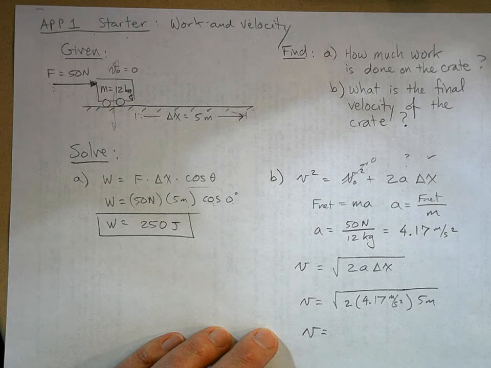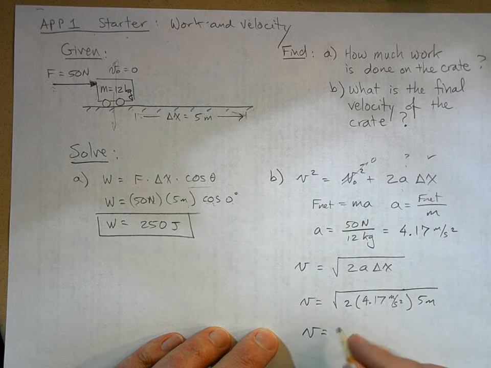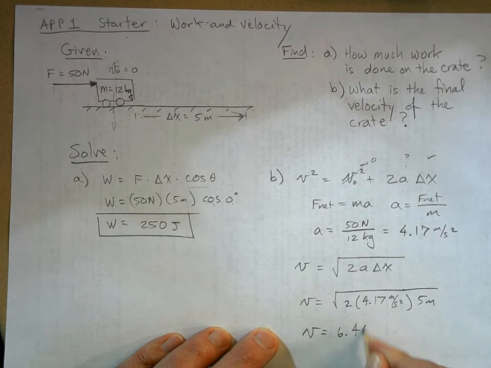So with my calculator, I'm going to go 2 times 4.17 times 5 equals, and then I'm going to raise that to the power of 0.5. I got 6.46 meters per second.